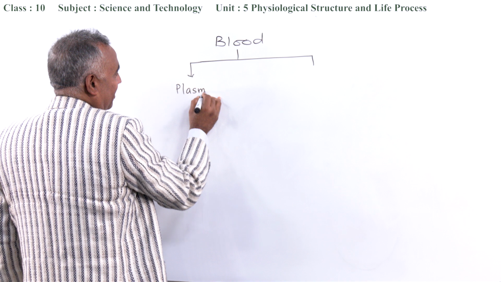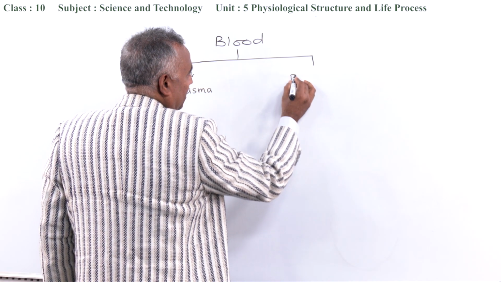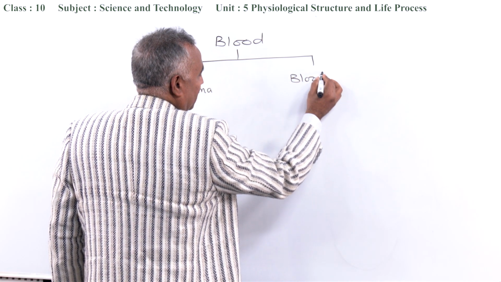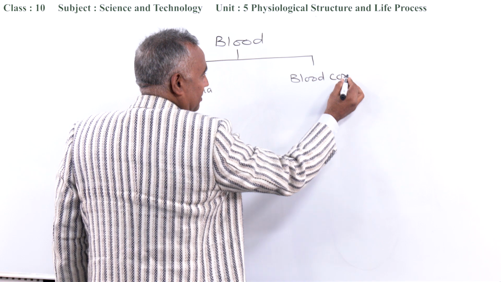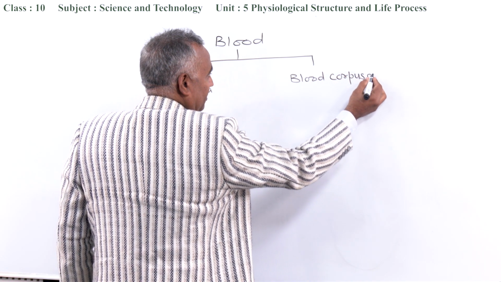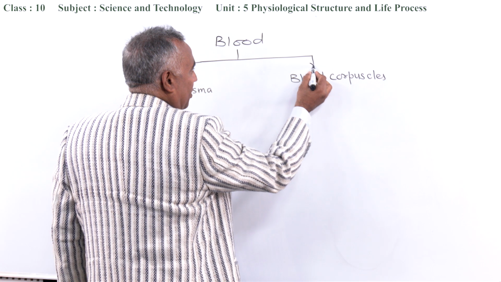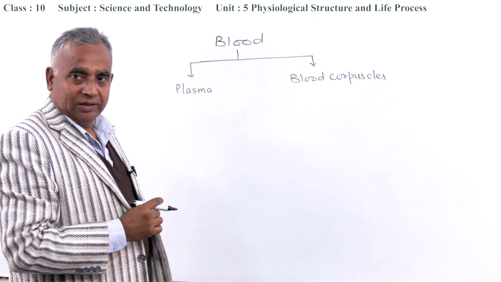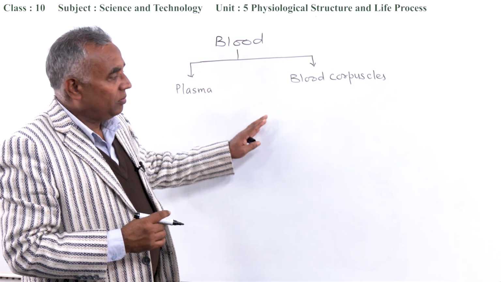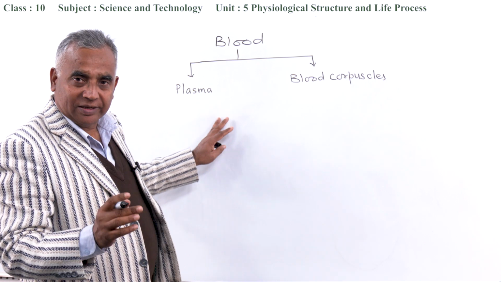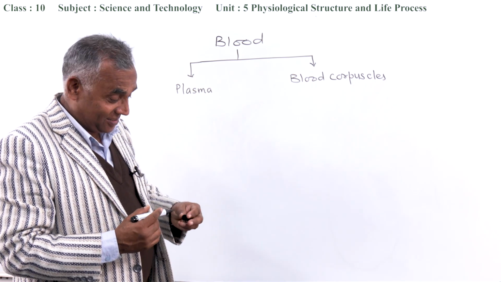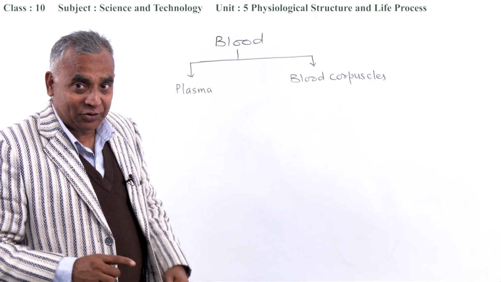Plasma. And the next one is blood cells, or blood capsules. Instead of blood capsules, you can say blood cells only. Yes, there are two main components of blood. What is their percentage? Once you were taught, now you have to recall it.